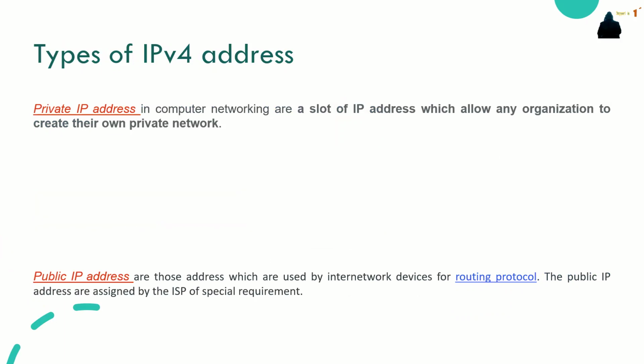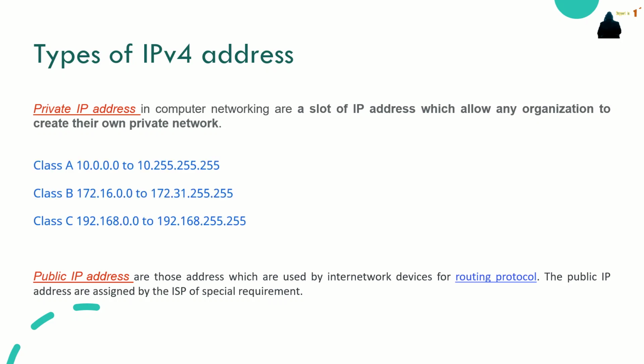Types of IP version 4 address. We have generally 2 forms for IP version 4 addresses: private and public. A private IP address is used in a LAN network only.